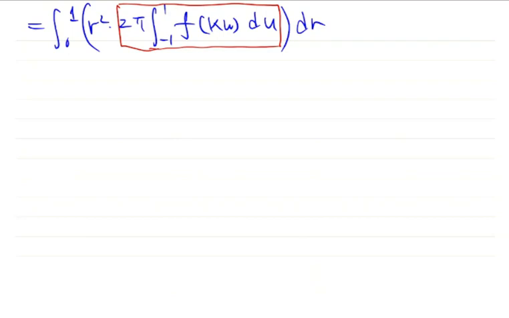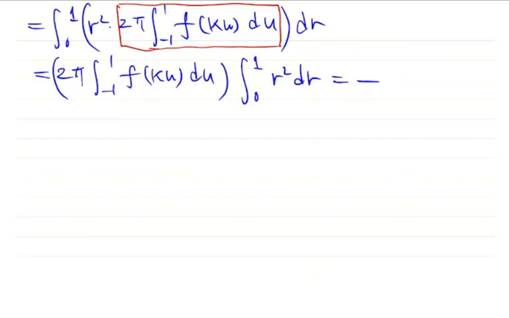So the result is 2 pi times the integral from minus 1 to 1 of f(kappa u) du, a constant, multiplying the integral from 0 to 1 of r squared dr. So that is 1/3 times 2 pi times the integral from minus 1 to 1 of f(kappa u) du. So this is what we want to prove. Okay.